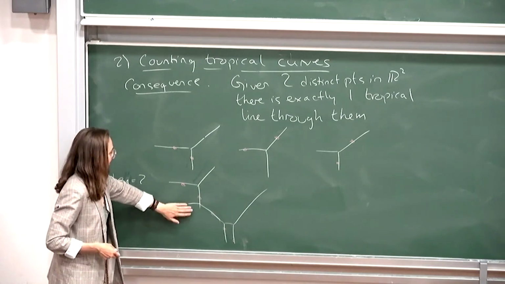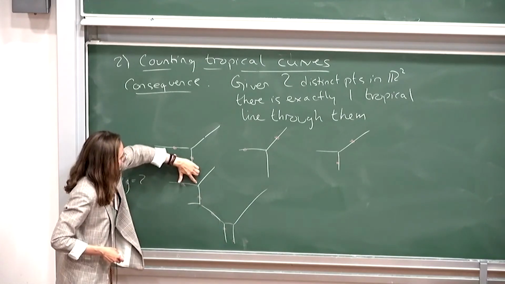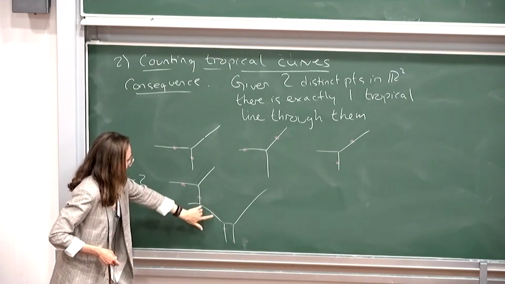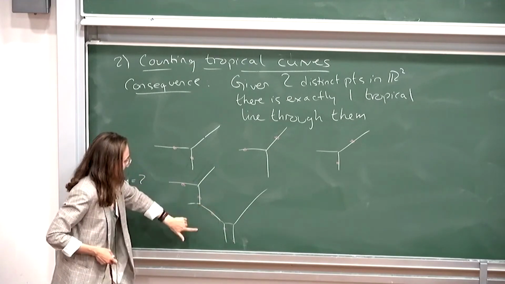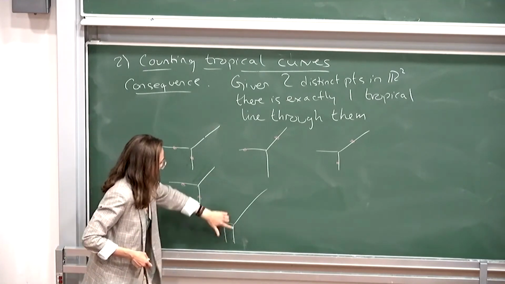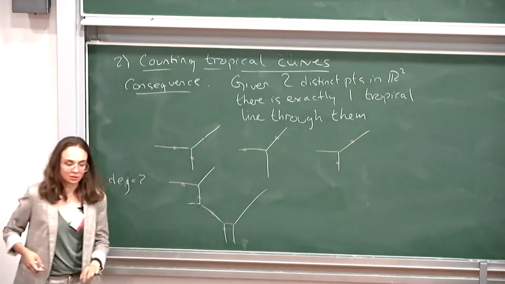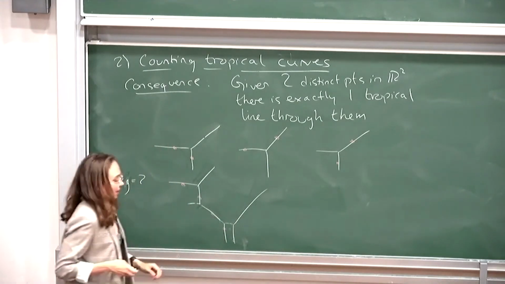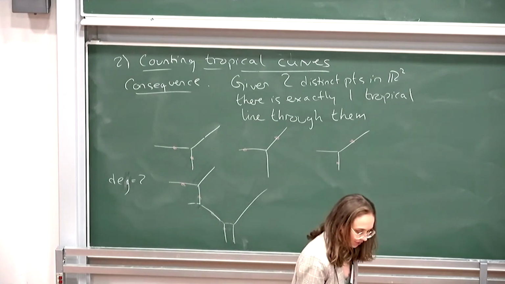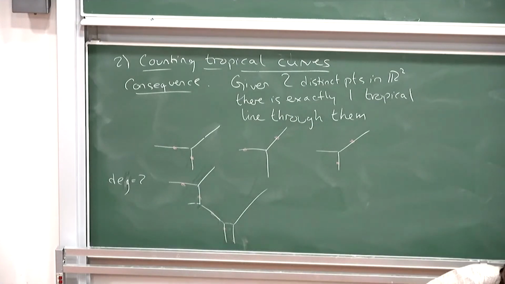Like these 2 points would give me where this edge is going. Then this edge is determined by these 2. This edge is determined by these 2, and then the last one is determined by these 2. And for degree 3, I didn't want to draw all of them, so I have it on my computer.